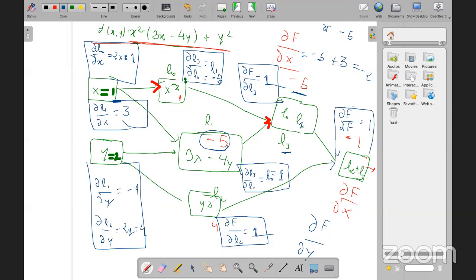So ultimately you will get both of these, and if you take the sum of this, that will give you the total answer. The reason it was coming out to be L1 and L naught is that when you do this backward pass, you will realize that it is automatically implementing your product rule.